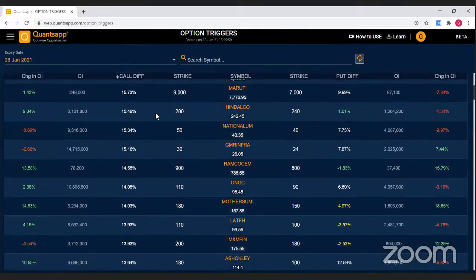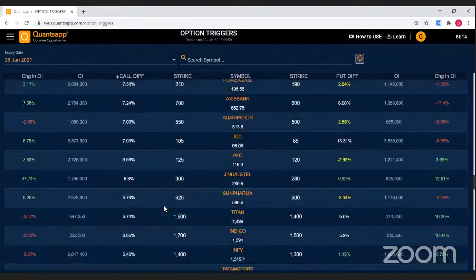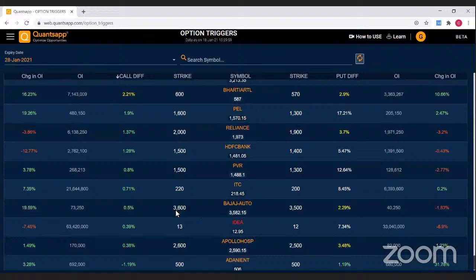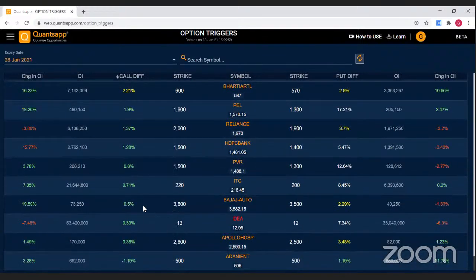If I scroll down and go below here, I think there's only Bajaj Auto, ITC, PVR, then HDFC, Reliance, PA.